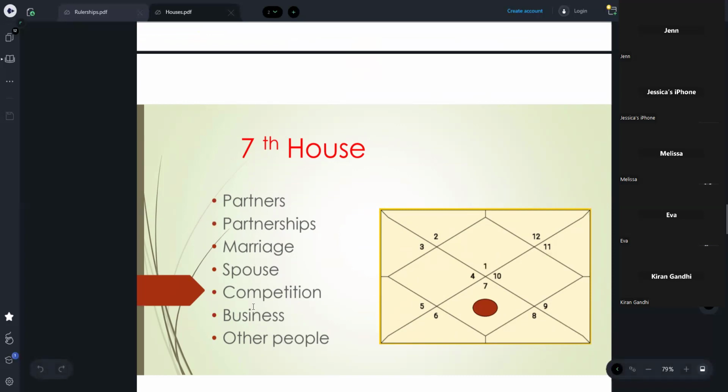Back to the 7th house. The 7th house also represents businesses, because essentially it's a partnership, right? Just like a marriage is a partnership, but business is also seen from the 7th house. People are coming to you and asking you how my business is going to go, or is it even the right time for me to do business?